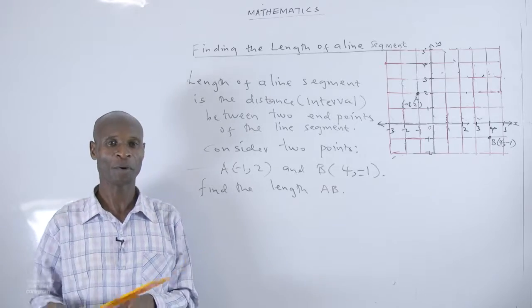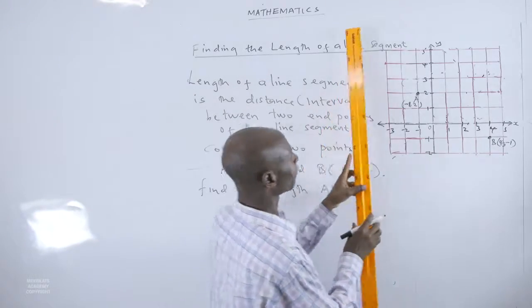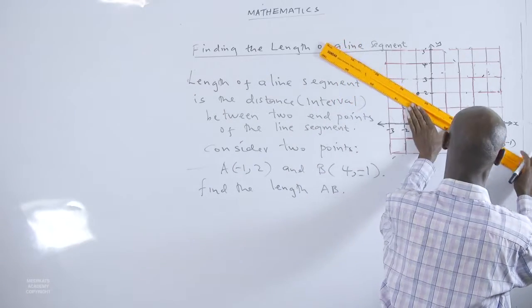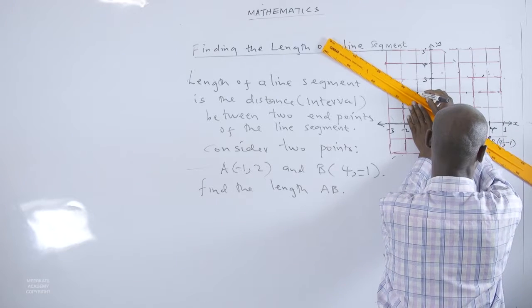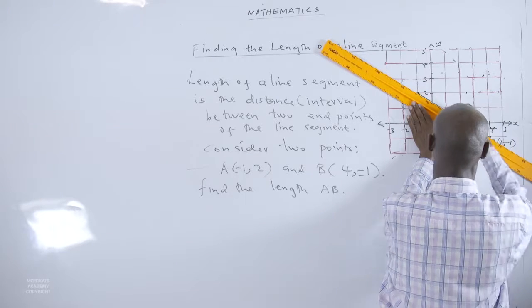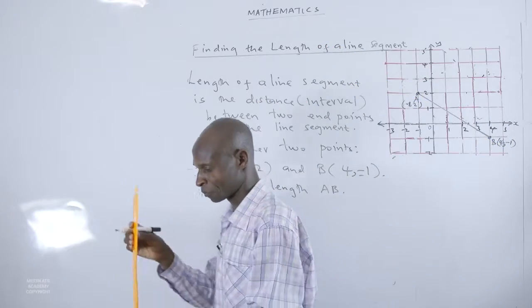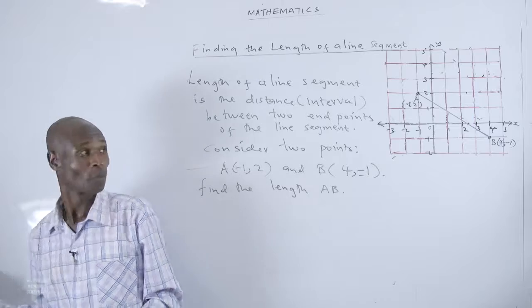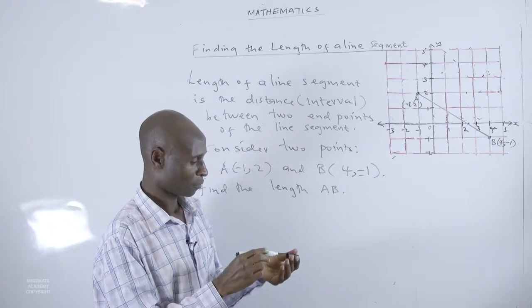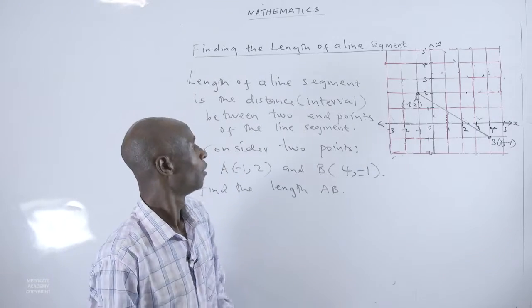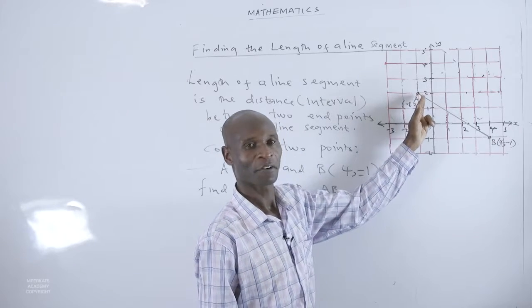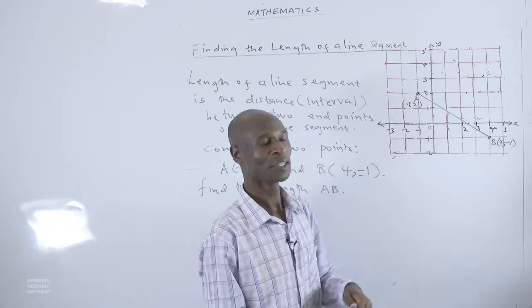We now join the 2 points using a straight line. Now, how do you get the length from point A to point B?